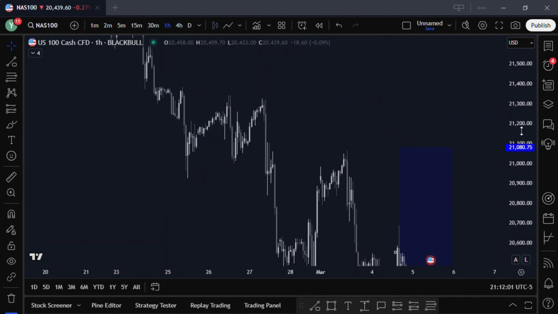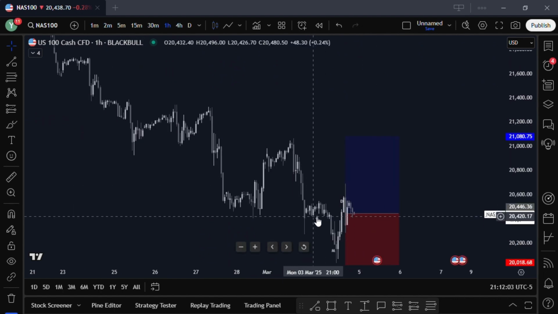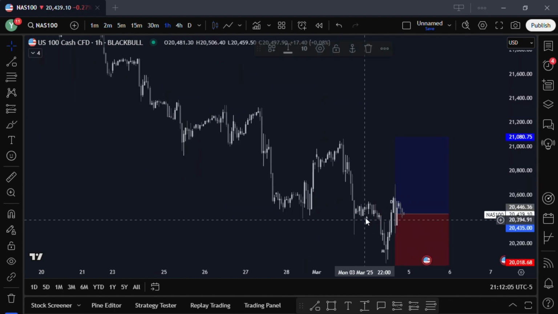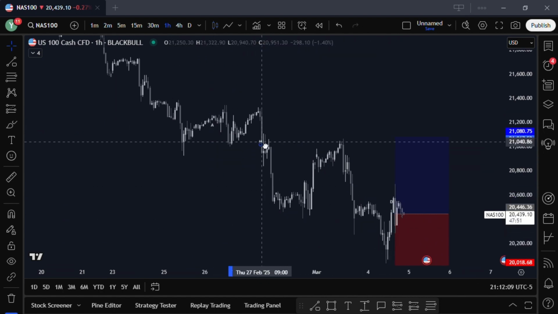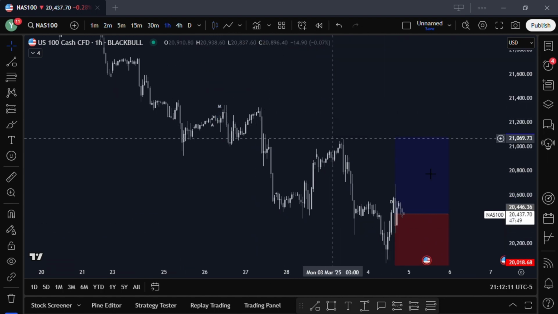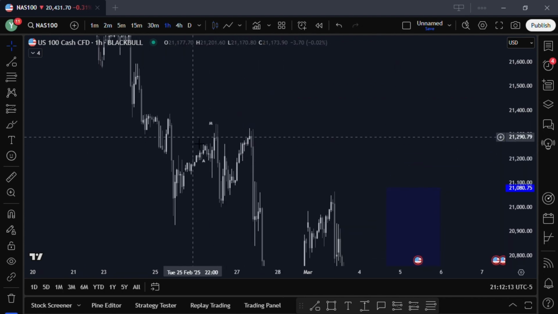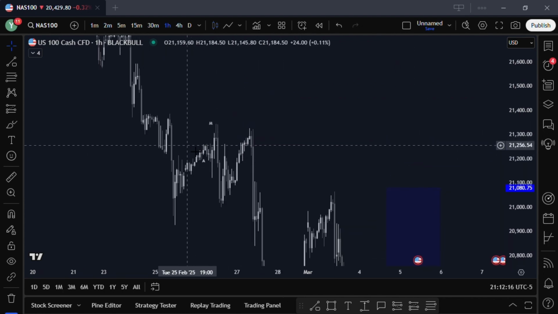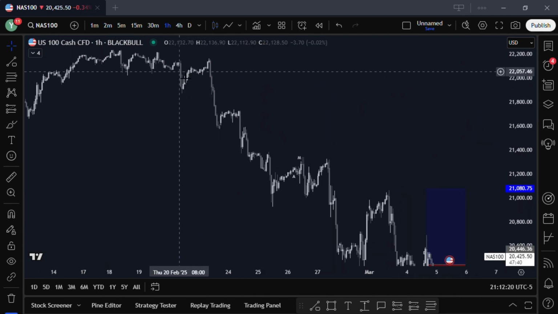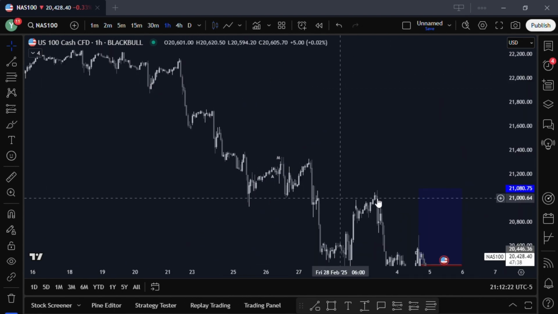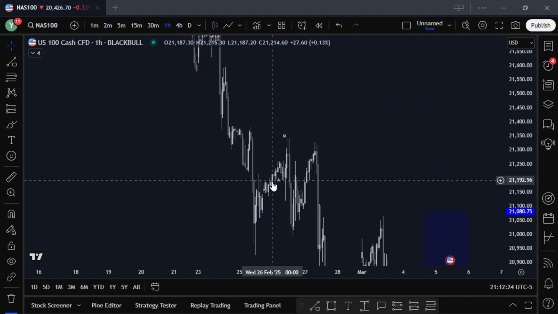So again, accumulation, we see this bunching of candles, low volume, manipulation, come up, take out any sellers that may be resting here, maybe thinking, oh, we have great bearish action, so price is gonna go downside from here.